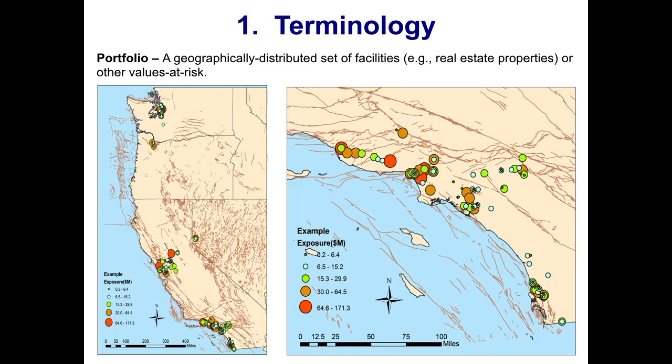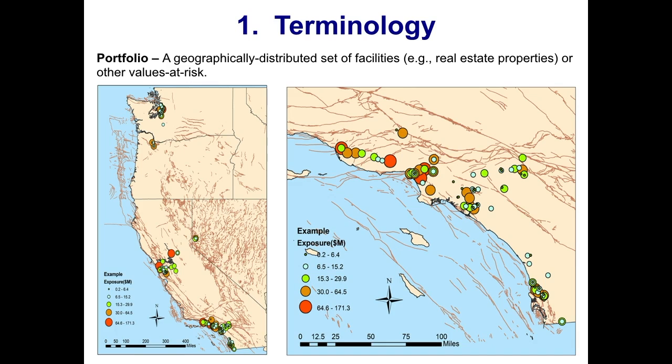And you can see that the picture is quite complex in terms of the number of earthquake faults that may affect the portfolio and the different exposure amounts that we have for each building. So it's not always intuitively obvious which are the clusters of assets that drive the risks and which ones you need to be most careful with.